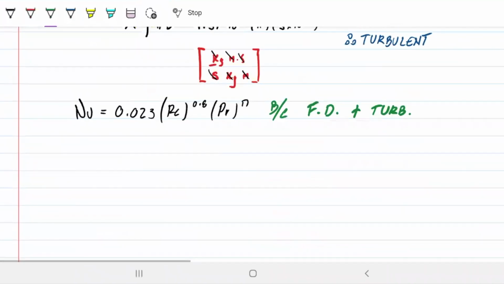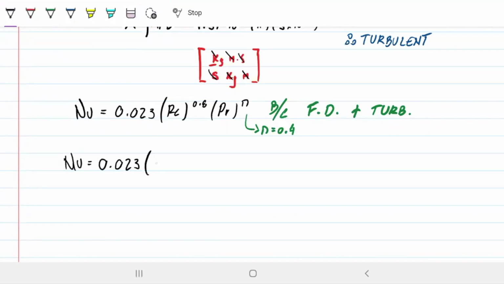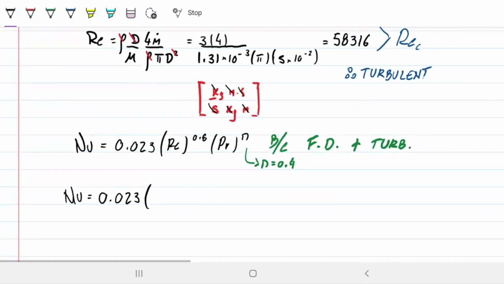So this guy is heating up, so therefore n equals 0.4, right? n equals 0.4. So let's plug in the numbers. Sorry, not 0, it's 9.4.